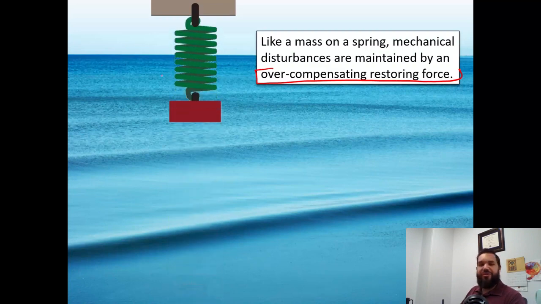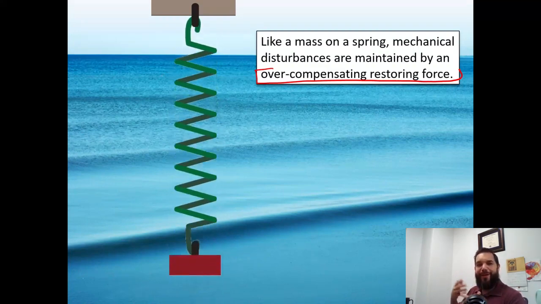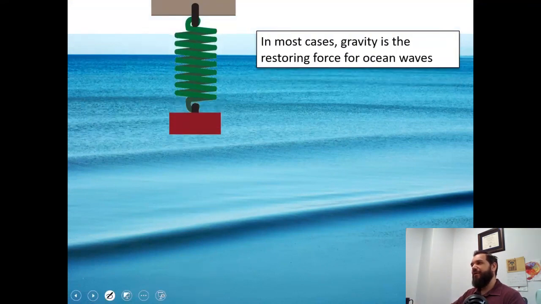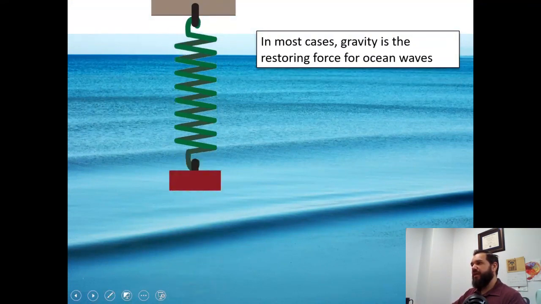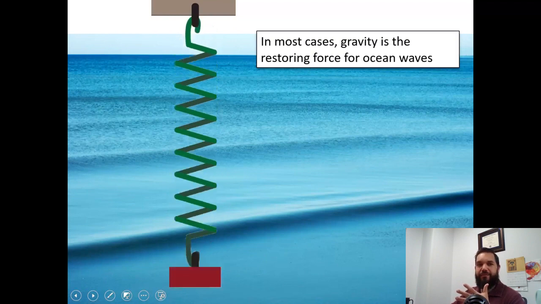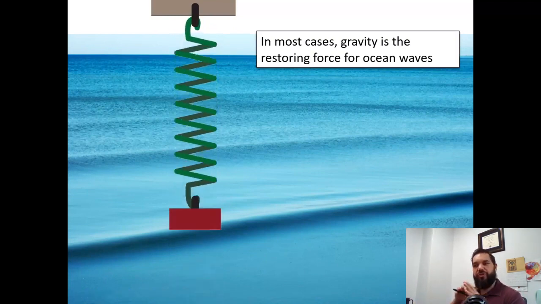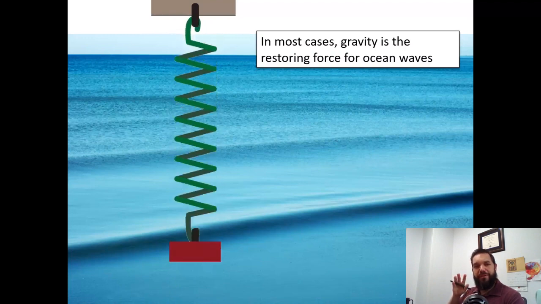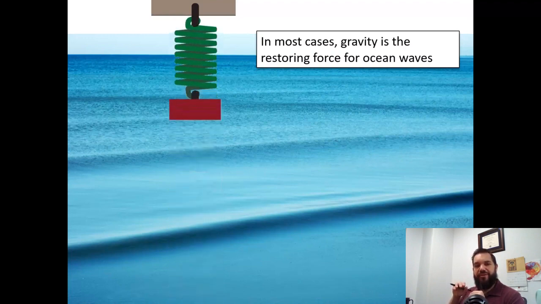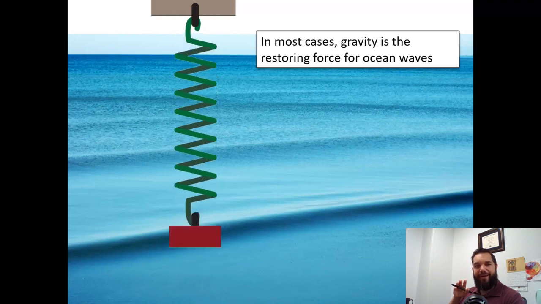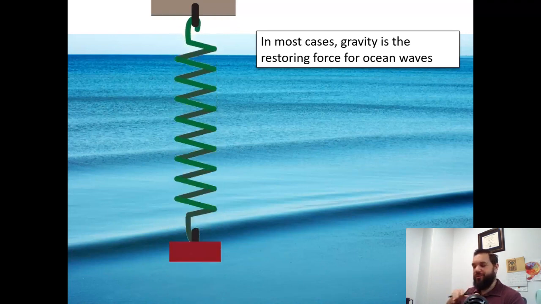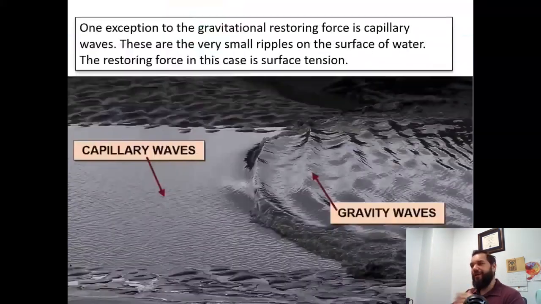And so the disturbance just keeps propagating and propagating, going on and on and on, okay? So in most cases, gravity is the restoring force for ocean waves. If the surface of the water gets bumped up or down, gravity is trying to restore it back, but it overcompensates, and that's what creates this propagating wave.